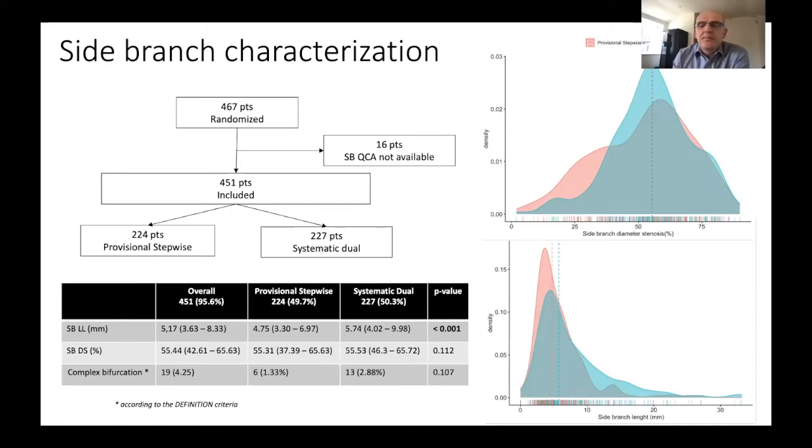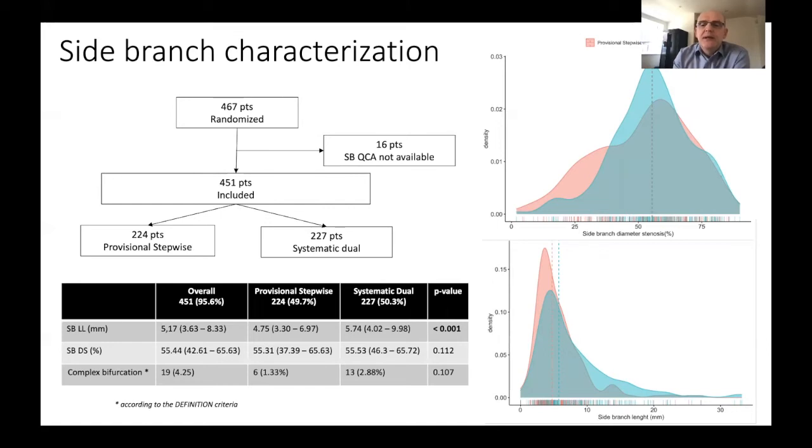So this slide is quite important because it shows the distribution of the disease within the recruited cohort. And you see that actually most of the disease was relatively focal. The vast majority, less than 10 millimeters in length. We can see the 2 different approaches here. Provisional is in pink and blue is the systematic, but you see that they were pretty much matched.